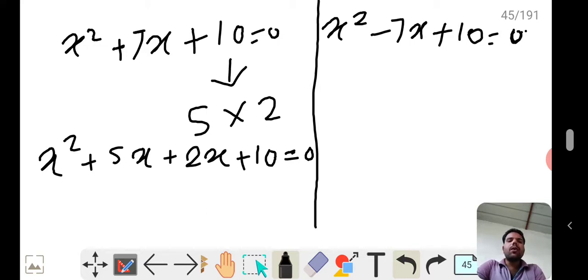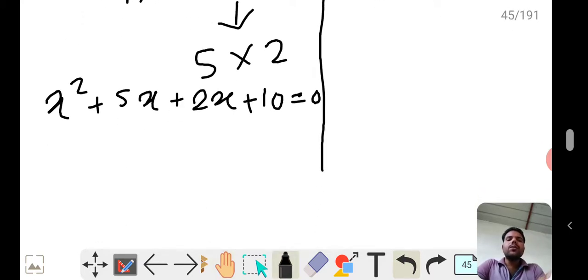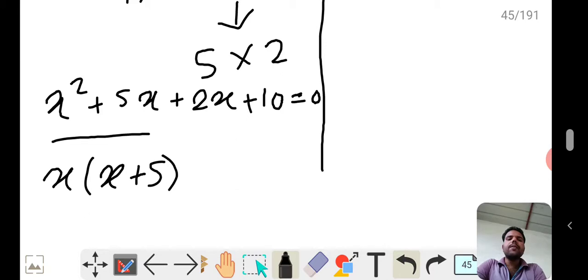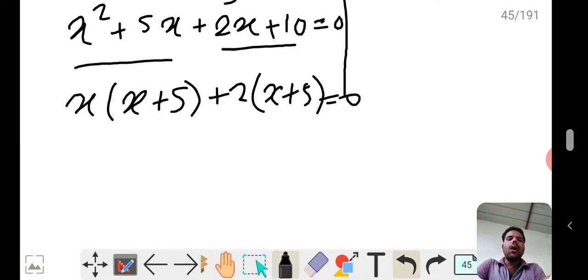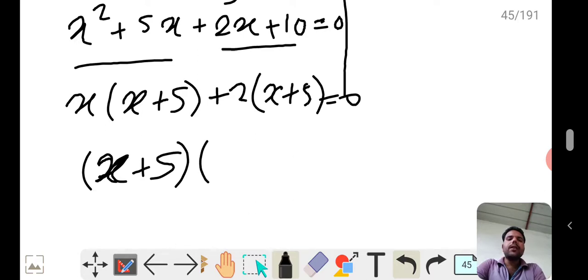Taking out x plus 5, we get x plus 5 in the first bracket and x plus 2 in the second bracket, is equal to 0.